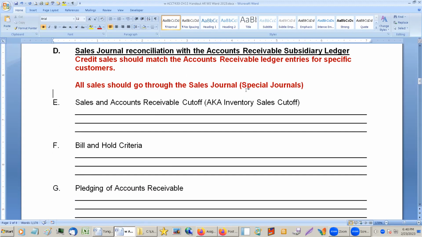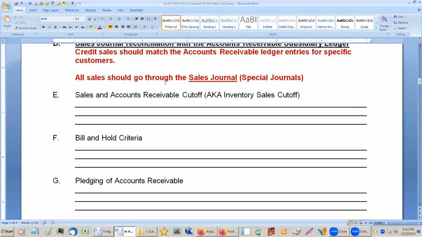They usually have special journals. And so the sales journal has a big list of everybody who bought the stuff, and then those should show up in the accounts receivable listings, and everything should go through there. If it doesn't go through the sales journal, then you are immediately questioning it. Okay.